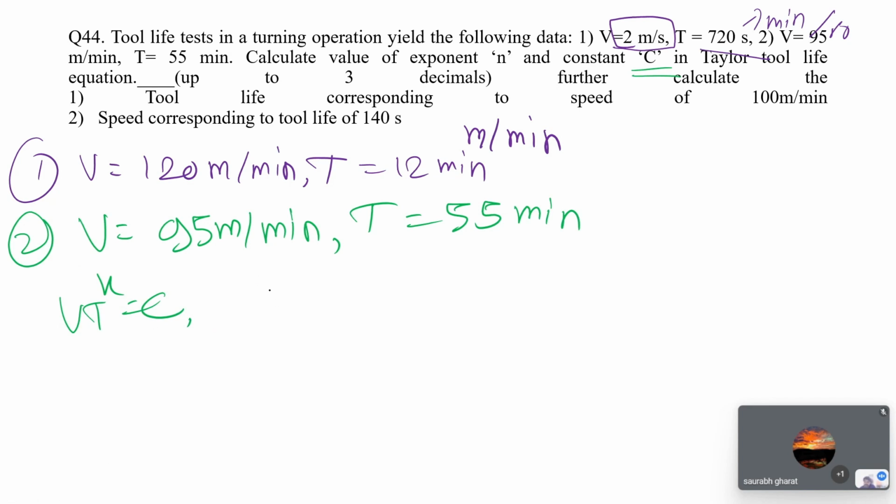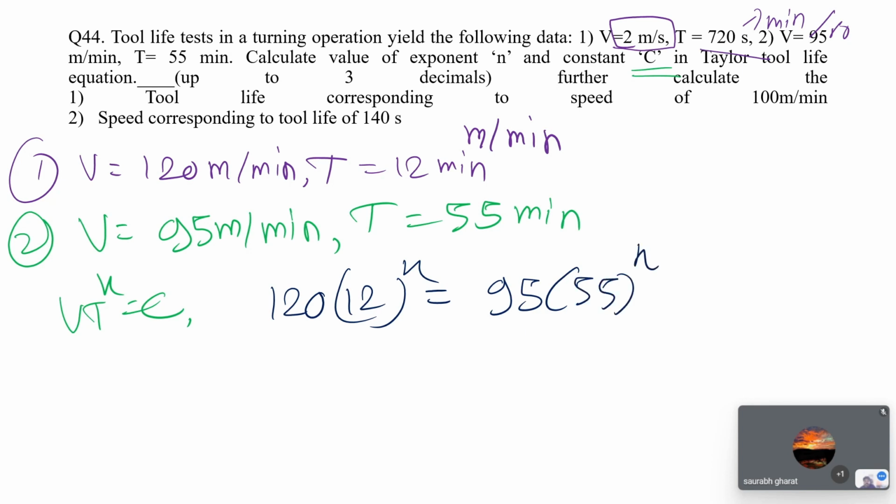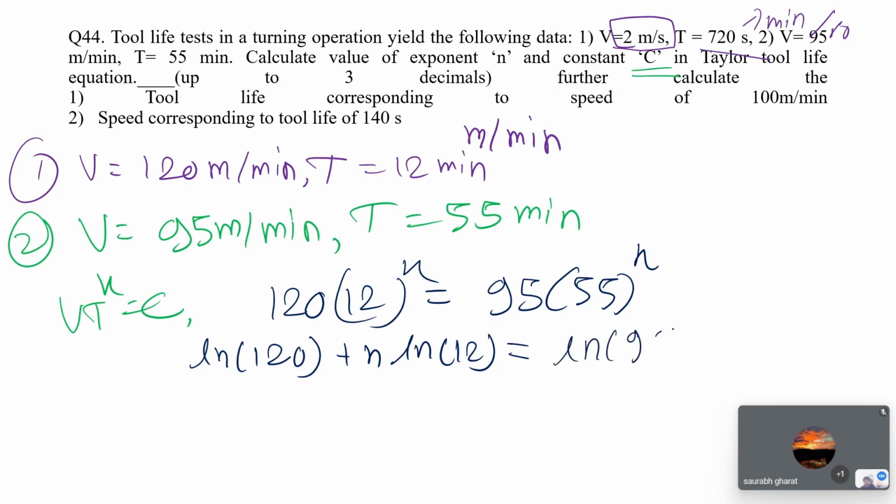It's very easy. Okay. So it will be 120 into 12 raised to n is equal to again 95 into 55 raised to n. Okay. So take log on both the sides. It will be ln 120 plus n ln 12 is equal to ln 95 plus n ln 55.